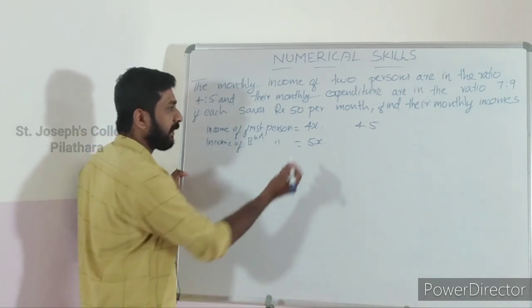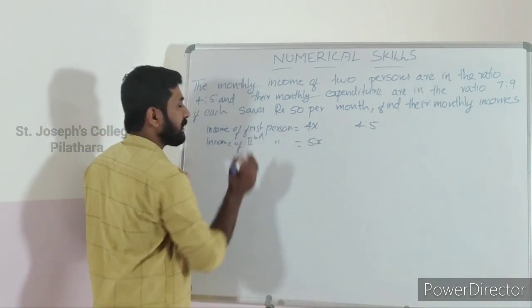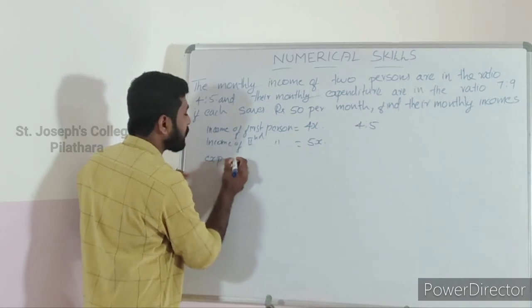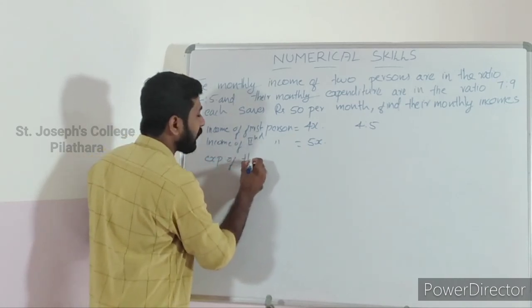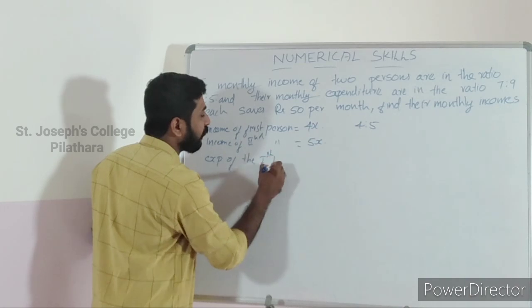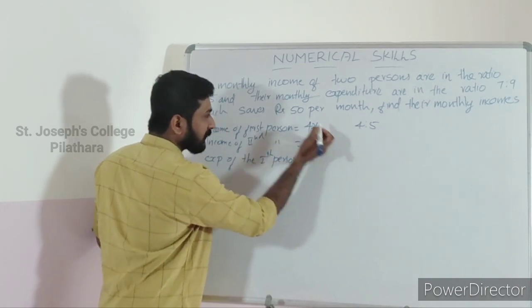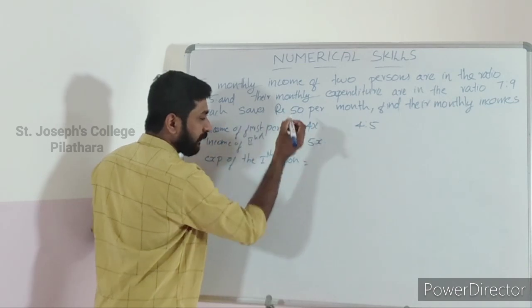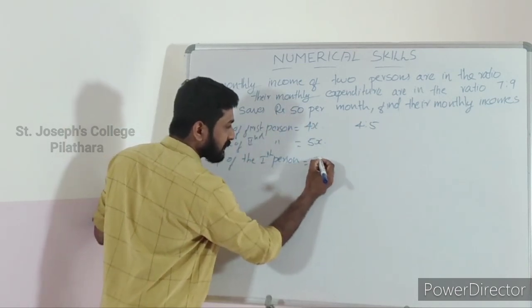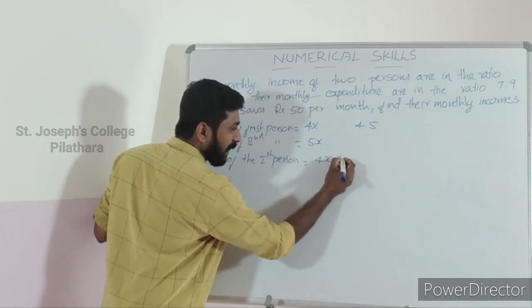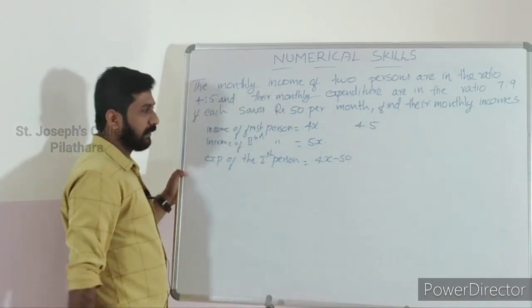What is the expense? Income minus savings. The expense of the first person: his income is 4x and savings is 50, so his expense is 4x minus 50.